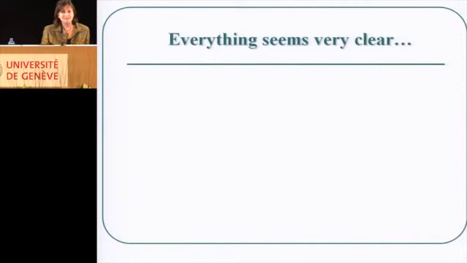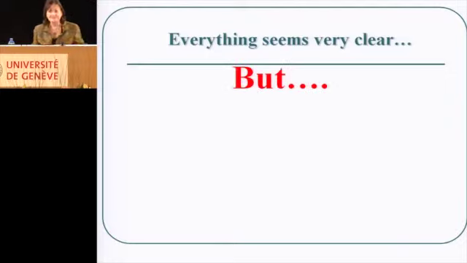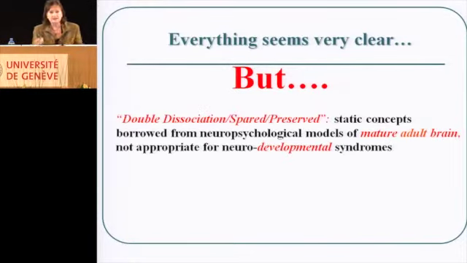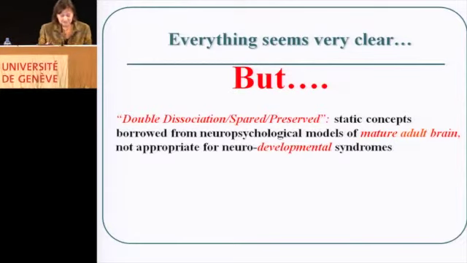Everything seems very clear, but, and this is where I'm going to undo that interpretation and show you a very different way of looking at exactly the same data. But first, terms like double dissociation, spared, and preserved are very static concepts. If something is intact or preserved, nothing has happened. It's just remained the way it was endowed by evolution and birth.